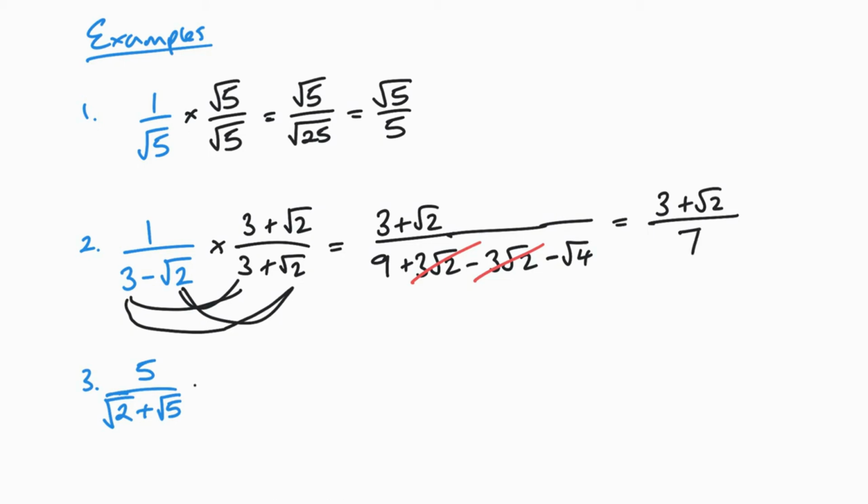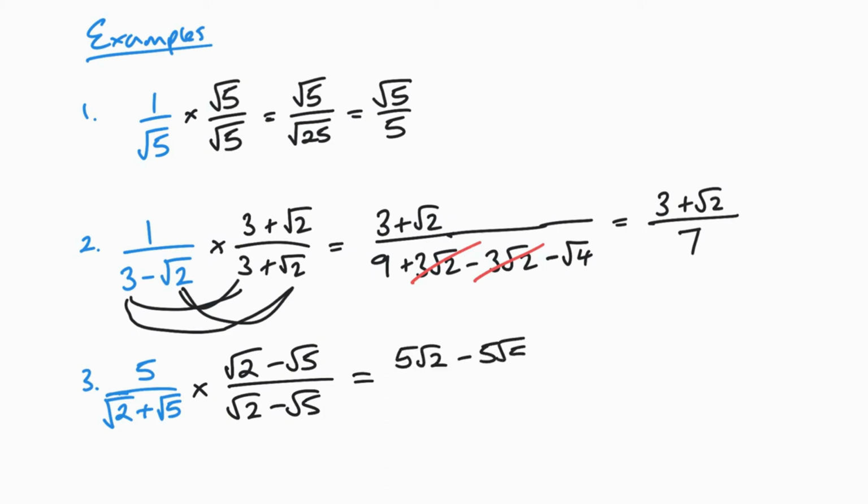Okay? So let's do this one again. Next one down, we want to multiply by root 2 minus root 5 over root 2 minus root 5. Now on the top, if I multiply that, it's going to be 5 root 2 minus 5 root 5, and that's fine. On the bottom, I'm going to take a little bit of a shortcut now. Root 2 times root 2 is 2.